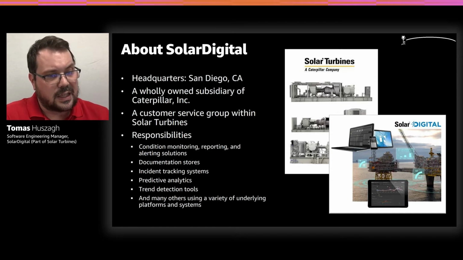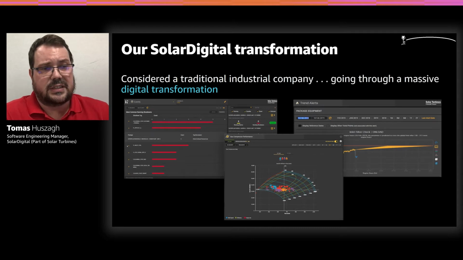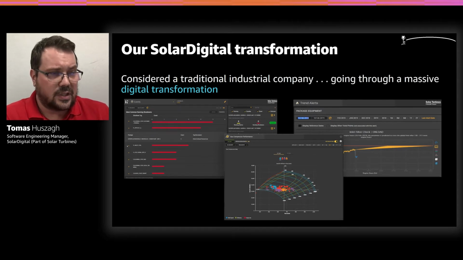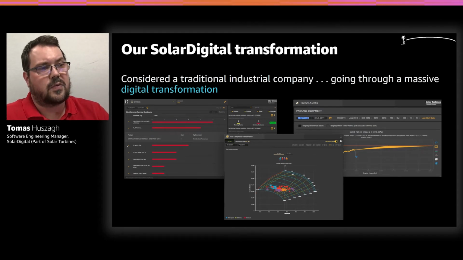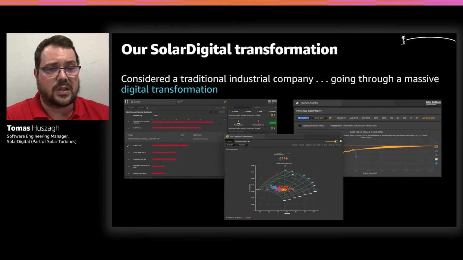So really, 15 years ago, our company started to develop and introduce new things, and obviously customers got used to it and they love our system. This is just an example of a couple of the 3 tools which I have here on my screen. And again, as you can see, we're considered a traditional industrial company, but if we want to provide the level of service to customers that we want, we need to undergo digital transformation, obviously.